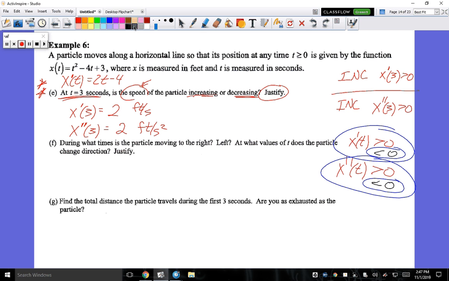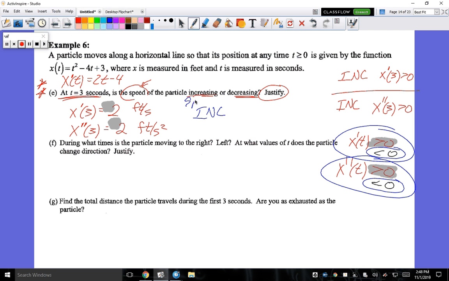It doesn't matter that these are numbers. It matters what their signs are, okay? So I have a positive and I have a positive. So with 2 positives, what are we going to say? Is it increasing or decreasing? Increasing.